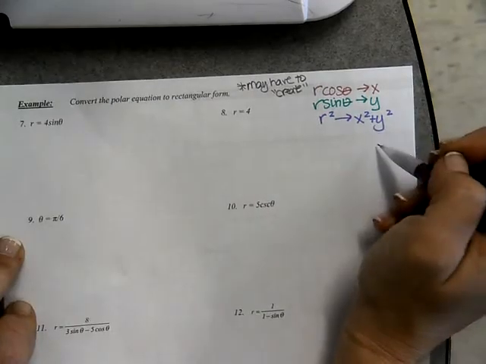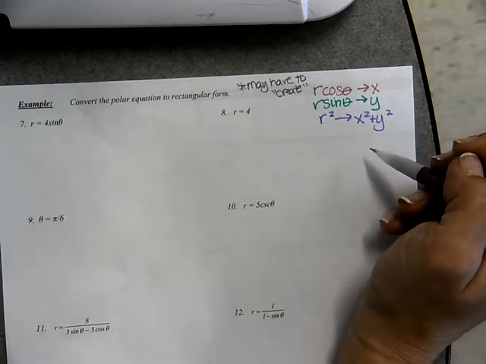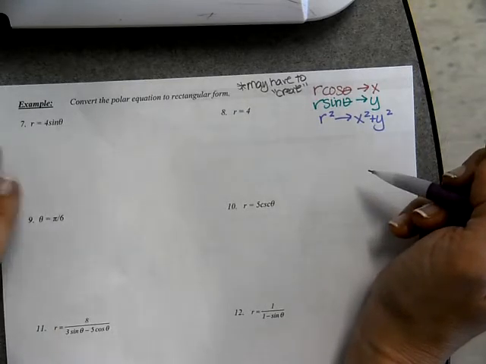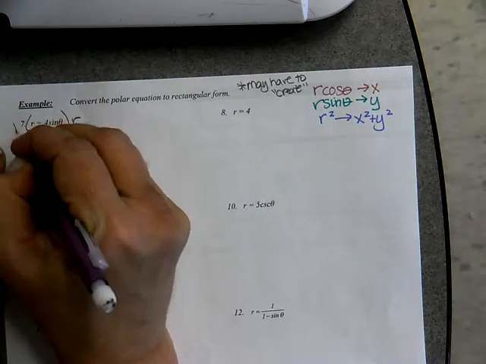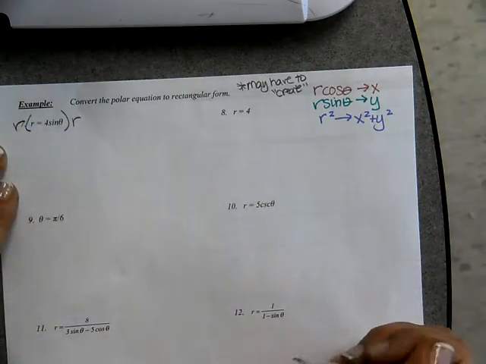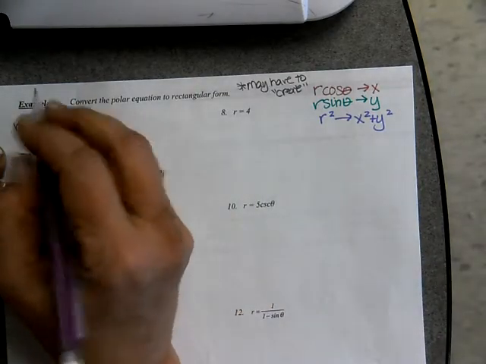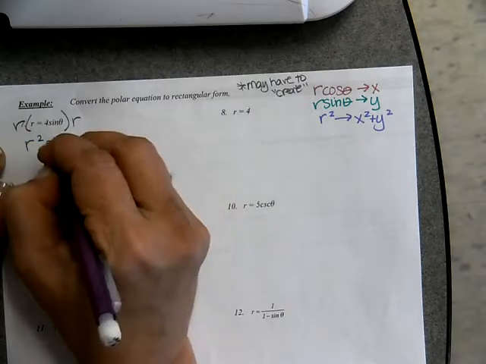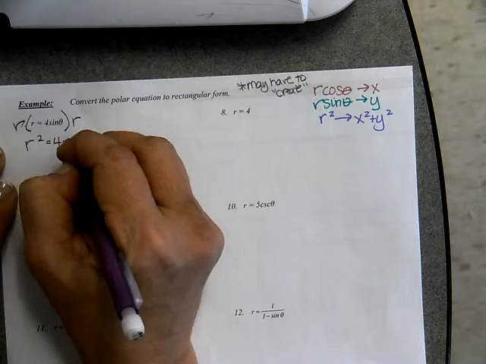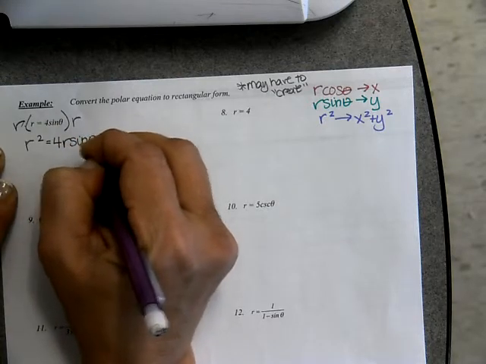I don't see any of these at all. So what's something that we could do? Well, one thing we could do is multiply both sides by r. Notice that when we do that, we end up with r squared equals 4r sine theta.